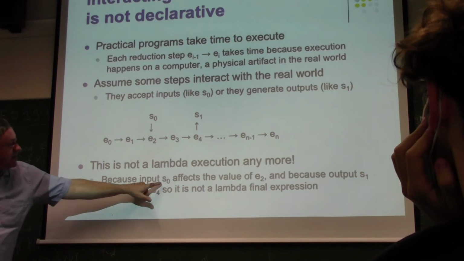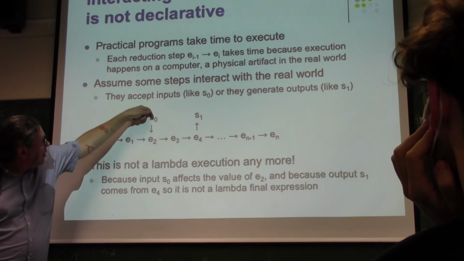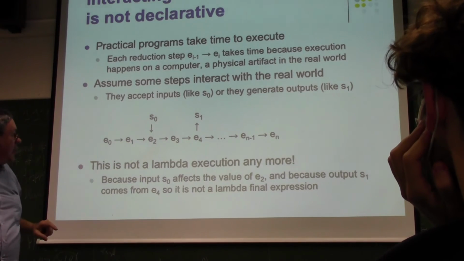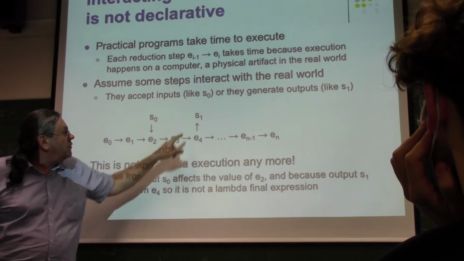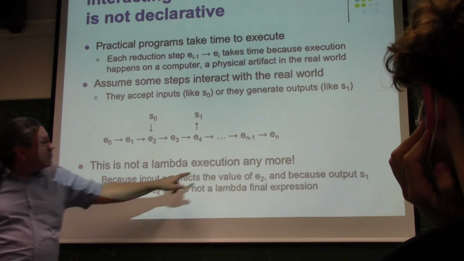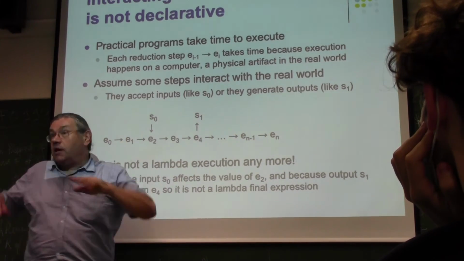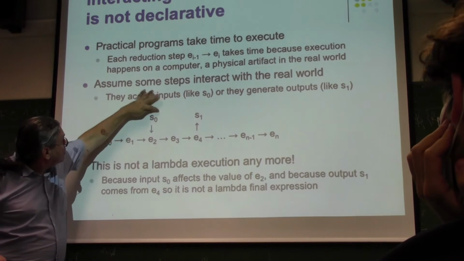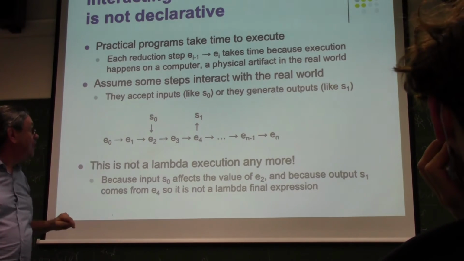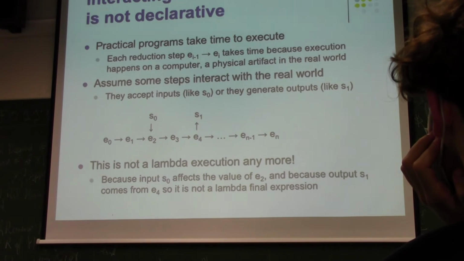The input S0 affects E2. It's some input coming in. And the output, E4, S1, is an output which is not the final result. So this is a weird output that has nothing to do with lambda, and this is an input that is changing the computation. So both this and that are not lambda anymore.